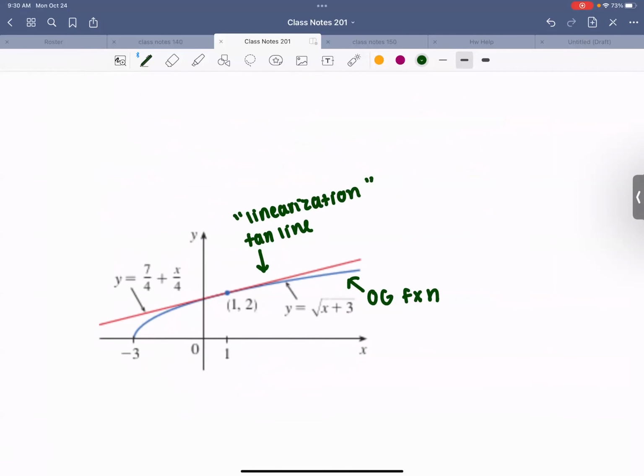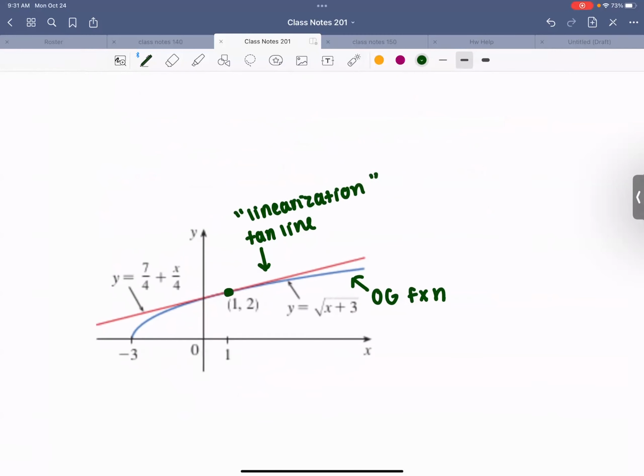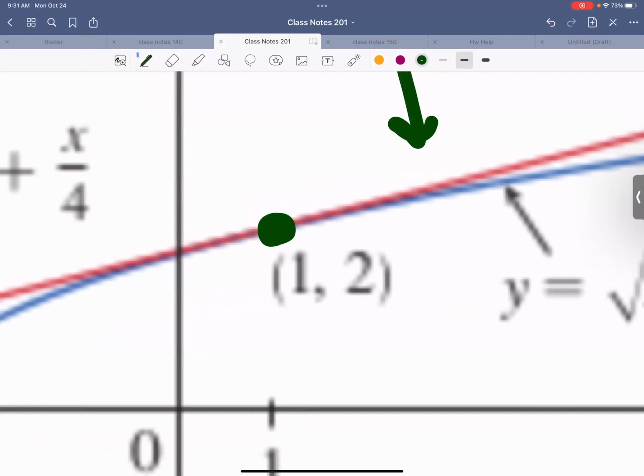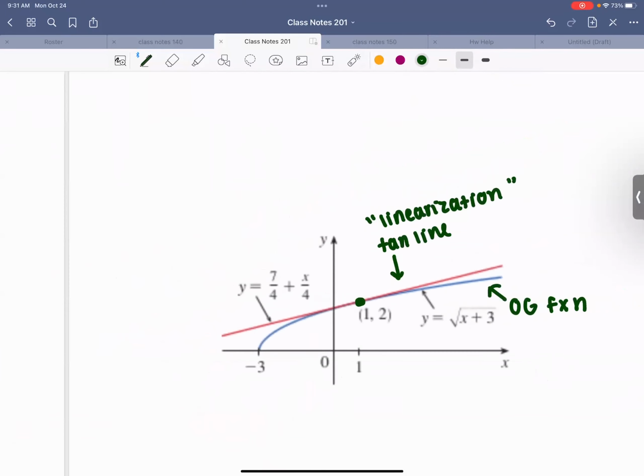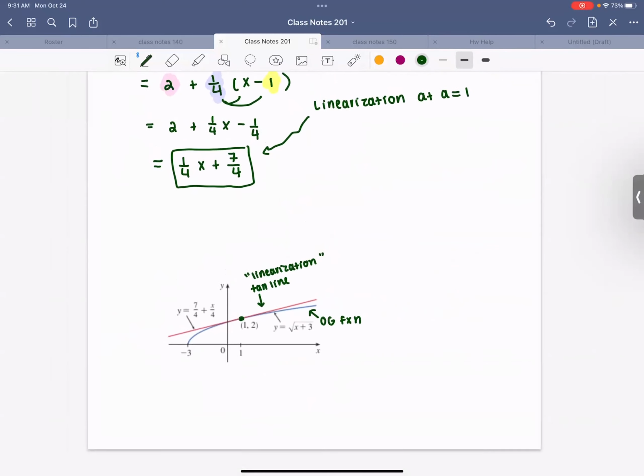Now we evaluated the tangent line at this point 1, 2. And I know that if I zoom in really, really close to my function at x equals 1, the tangent line is very, very similar to the original function. So if I plug in points near x equals 1, I'm going to get something very close to my original function.